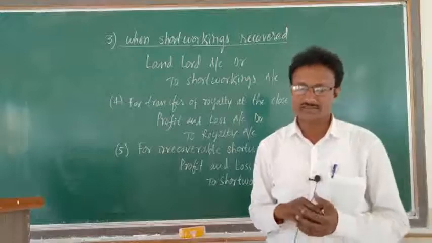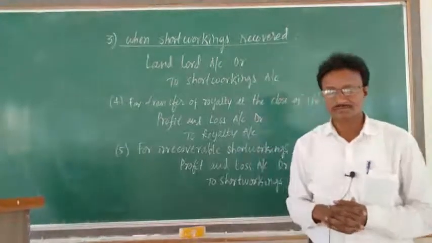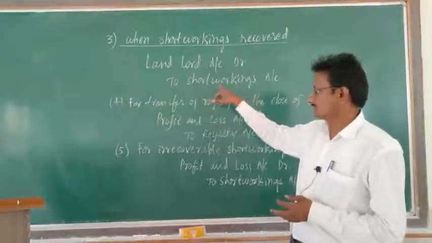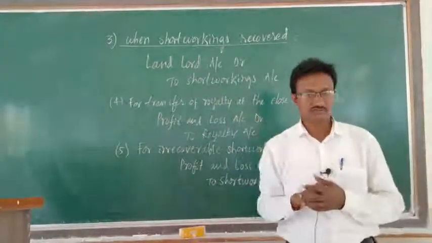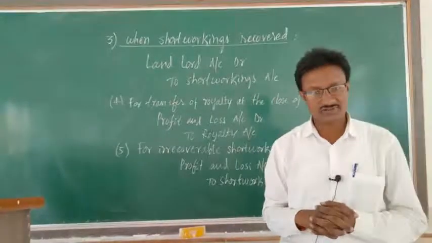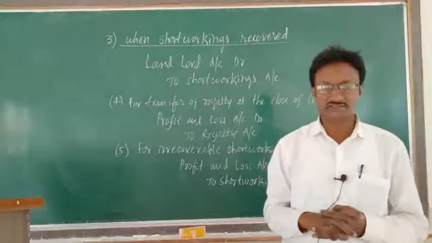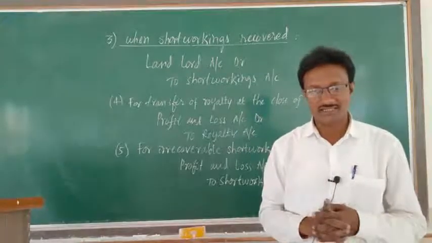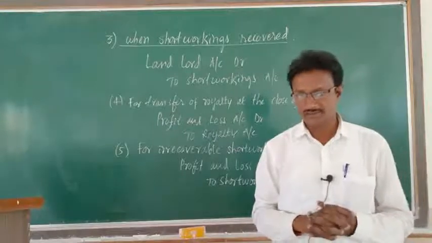The combined journal entry will be royalty account debit to short workings account to landlord account. So, when royalty is more and short working has to be recovered, entries number 2 and 3 can be merged and a combined entry is possible.